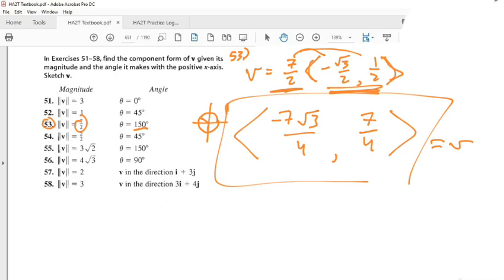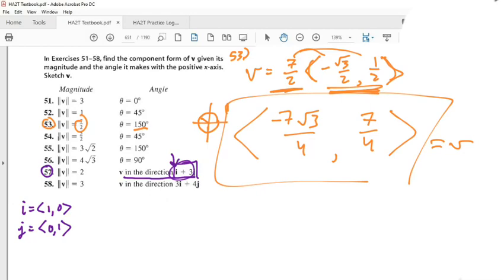Now these guys over here are pretty different because they tell you you're in the direction of that vector. I know I've said this before, but I'm going to say it again. I is your unit vector 1, 0, and J is your unit vector 0, 1. So if you were just to write this, you just need the coefficients. What's multiplying the I?